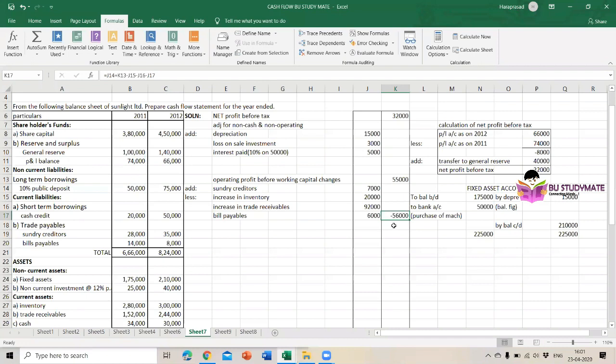I will write it down here. What is this 1,11,000? This is net cash from operating activities.